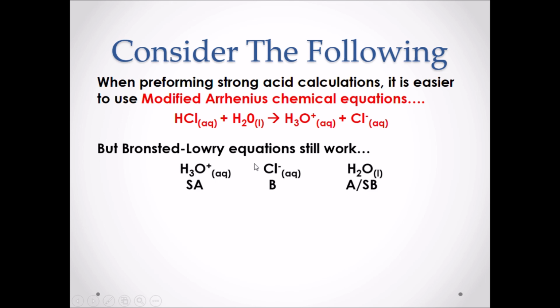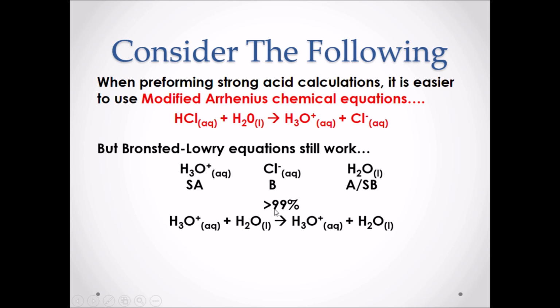We can still use a Bronsted-Lowry equation, but it doesn't quite work as well. To do so, we have to list all of the species, and then again pick our strongest acid and our strongest base. When we do so, we are left with the following chemical equation: H3O+ reacts with water to form, again, H3O+ and H2O.